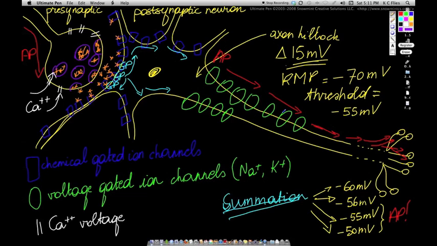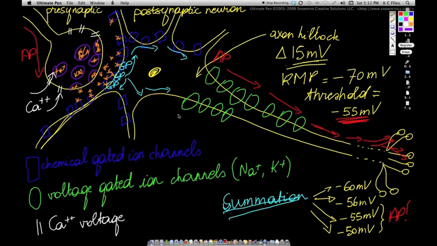In other words, the moment we reach this threshold or beyond at the axon hillock, due to the summation of these graded potentials that possibly make it to the axon hillock, we then can open up the sodium voltage gated ion channels.